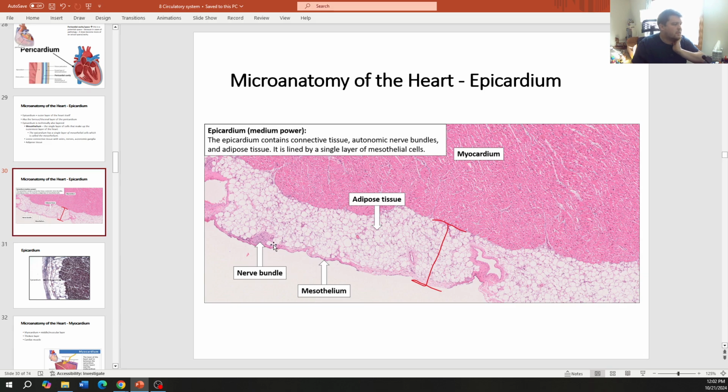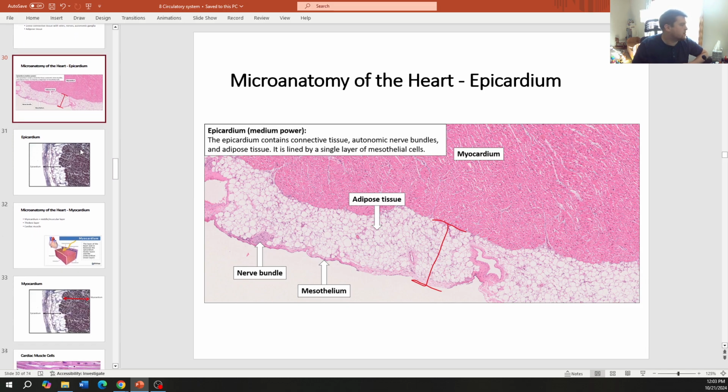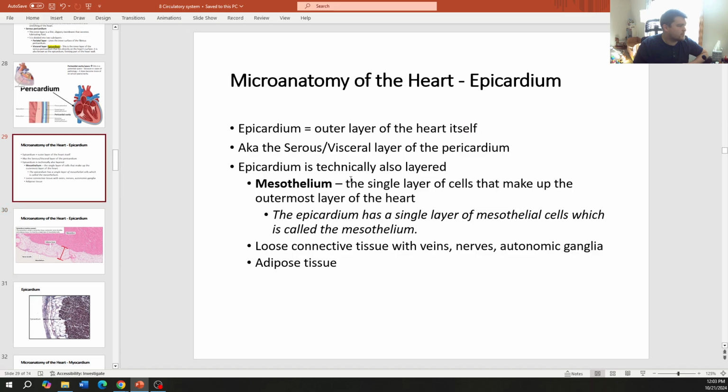But then we also have a very thin connective tissue layer in between, where you have those nerves and other things. And then you have adipose tissue. So this block right here, this is our epicardium. So better, it is lined by a single layer of mesothelial cells.